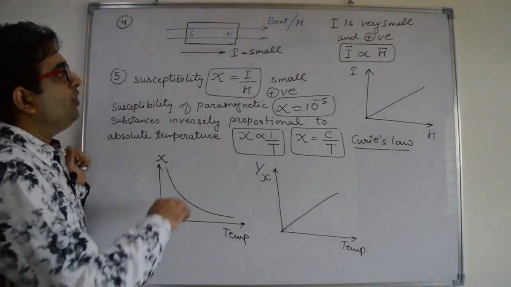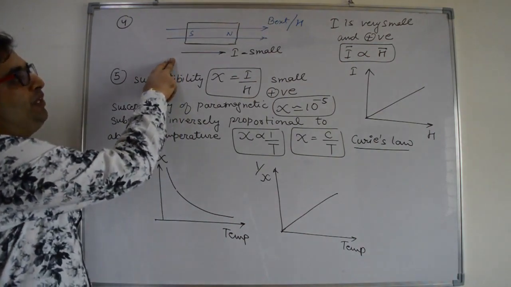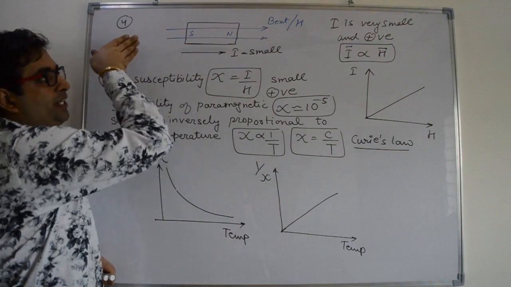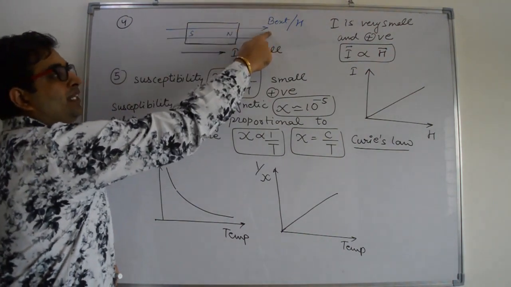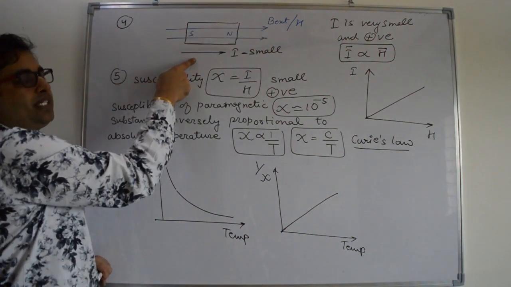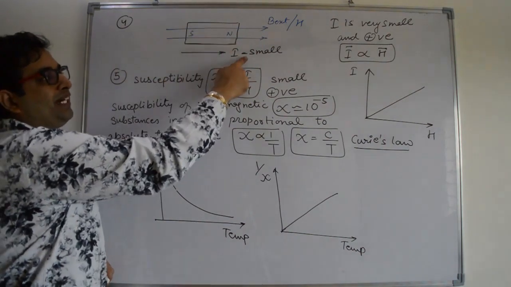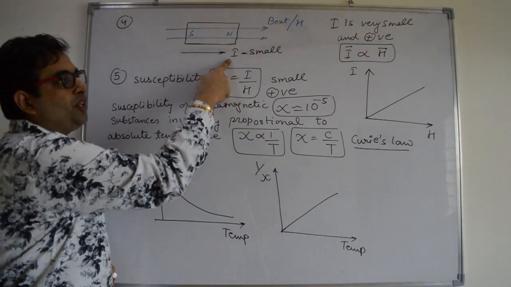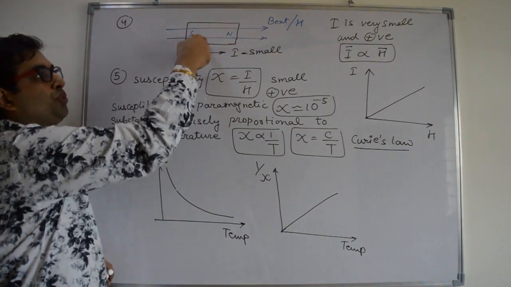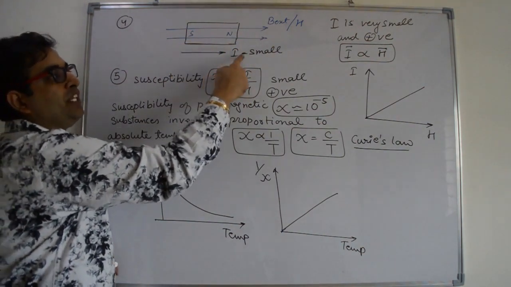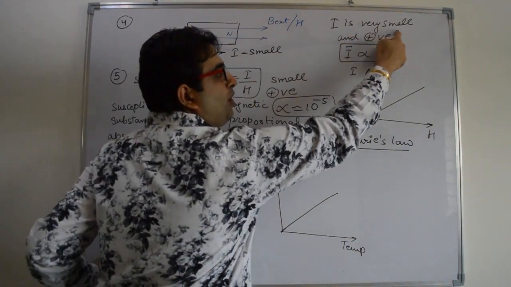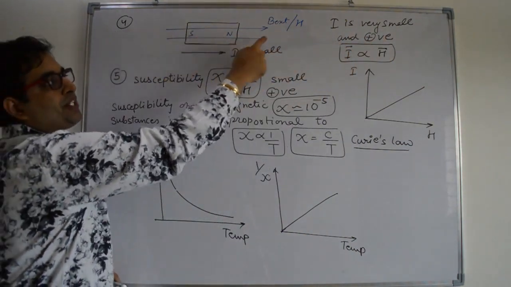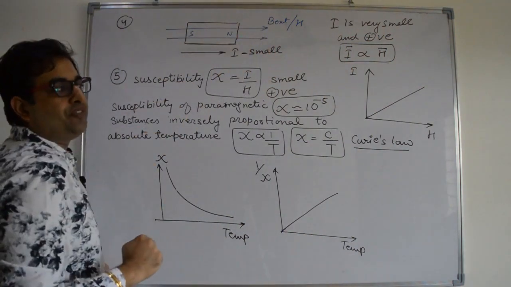Fourth property is whenever we place this paramagnetic material in the direction of magnetic field, then the material will magnetize in the same direction but with a very small amount. So intensity of magnetization that is produced inside the material will be very small, and will be positive because it is in the same direction as the external magnetic field.